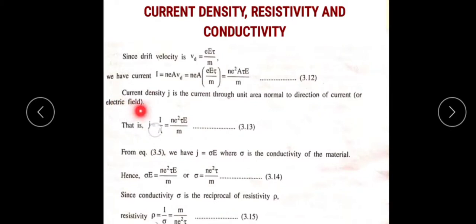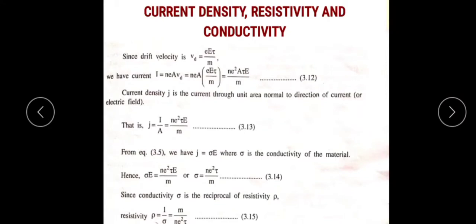Then the current density. We know from the last concept that current density is defined as the current through a unit area normal to the direction of current.